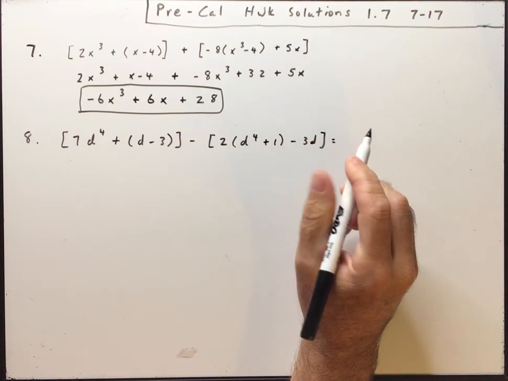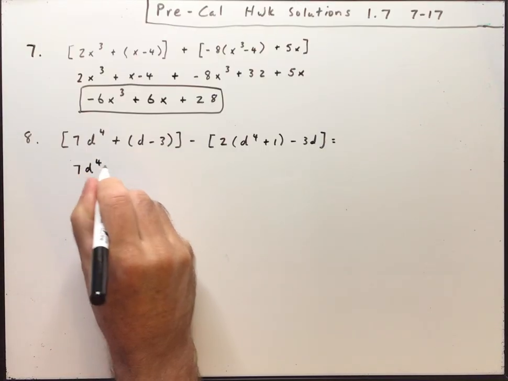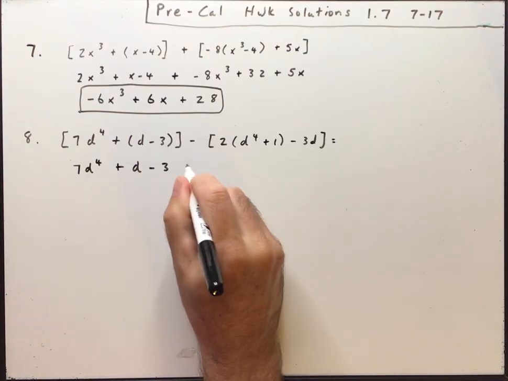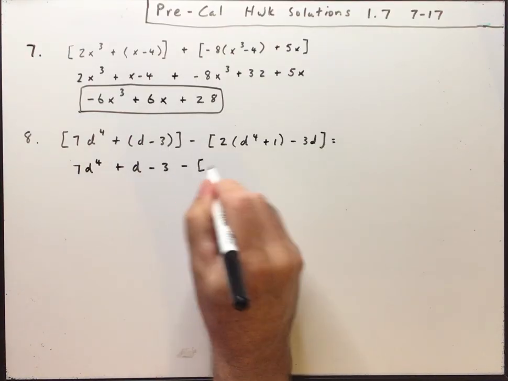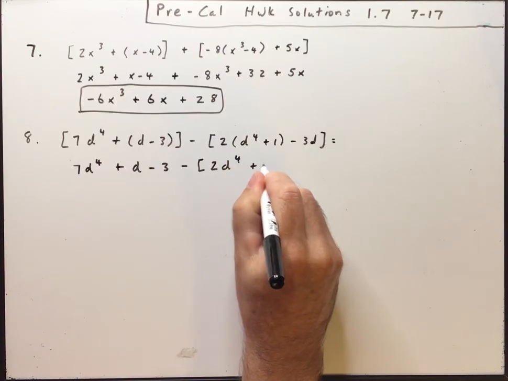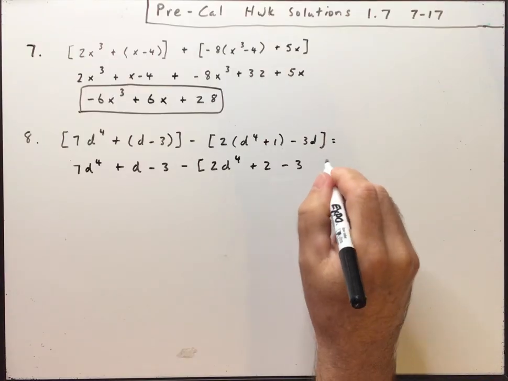Okay, so this first one, I'm just going to pull all that down, 7d to the 4th plus d minus 3 minus, and then distribute the 2, so that would be 2d to the 4th plus 2 minus 3d.